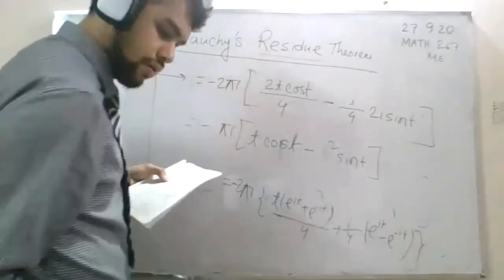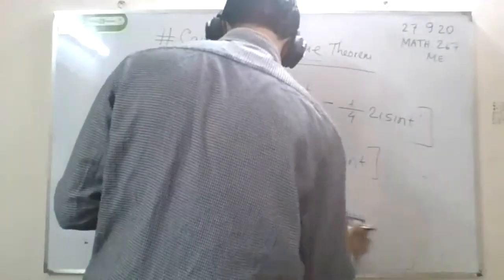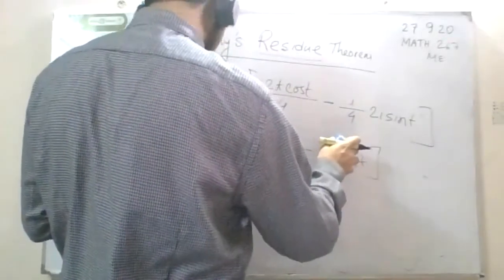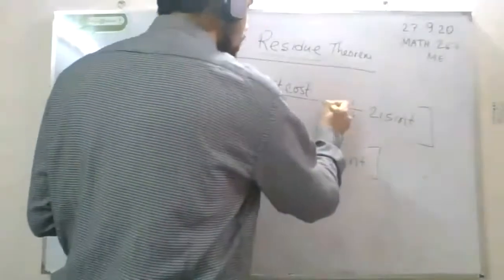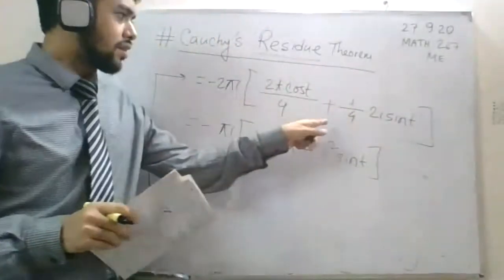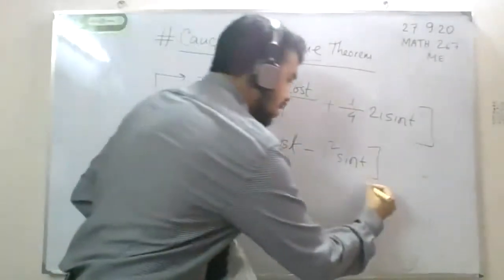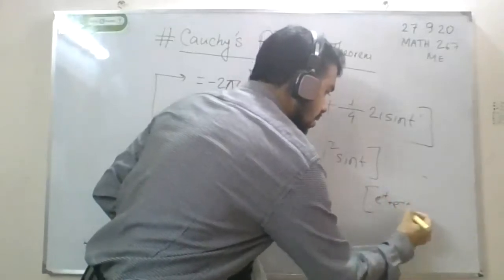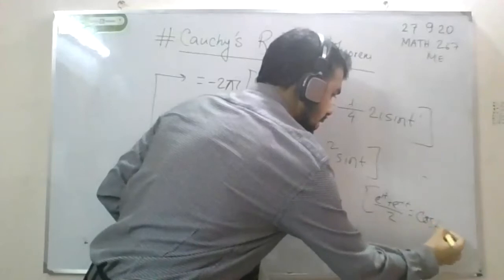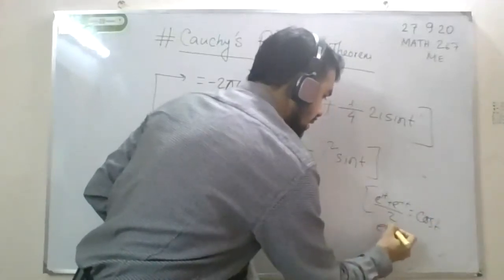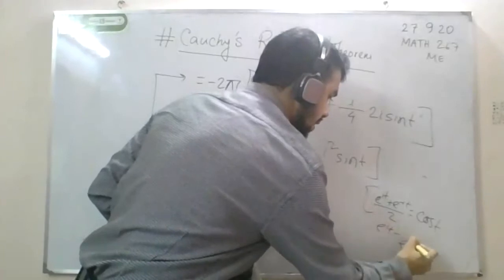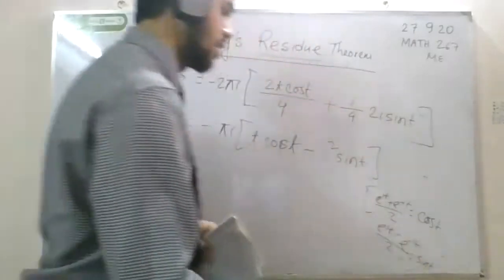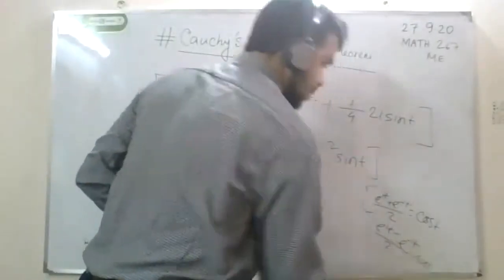So from here, that means here will be plus, sorry, 2I sine t. I just write it down here: e to the power it plus e to the power minus it divided by 2 is cos t, and e to the power it minus e to the power minus it divided by 2 is I sine t.